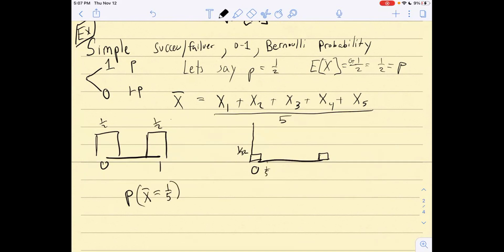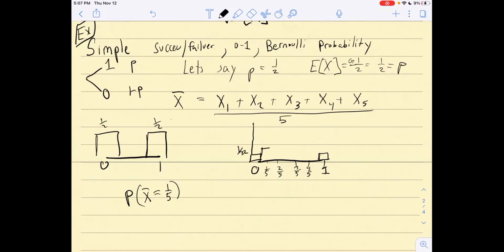It could be 1/5, 2/5, 3/5, 4/5, and 5/5. So X bar, if you flip a coin 5 times and you count how many heads there are, you can get any number from 0 to 5, and we can calculate the probability.